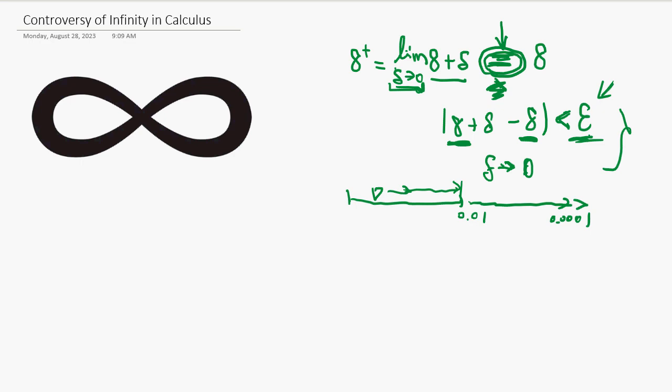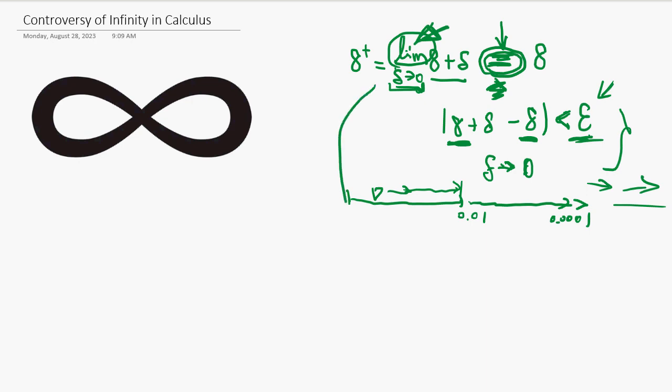I can still hear the sound. Limit means you move all the way, infinitely. So it kind of solved the problem with epsilon-delta logic, but it included the problem into this limit.